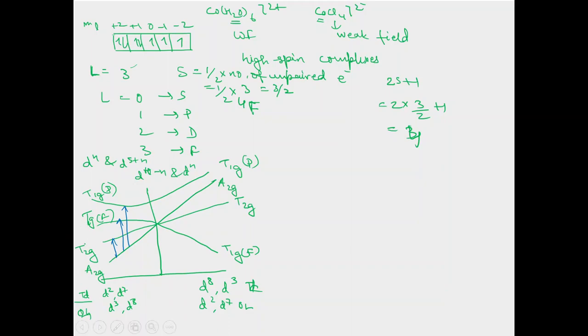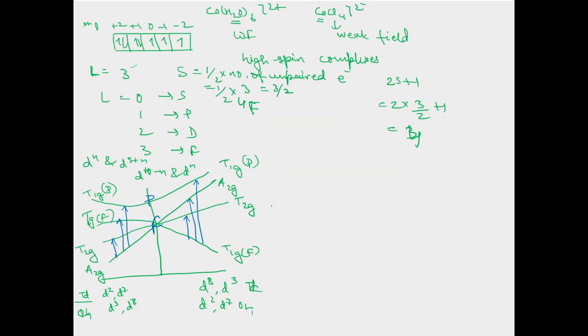And for the d8 d3 tetrahedral system and d2 d7 octahedral system, we will get the transitions T1g F to T2g, T1g F to A2g, and T1g F to T1g P. Okay, so now here I will write this is generating from F and this is coming from P.